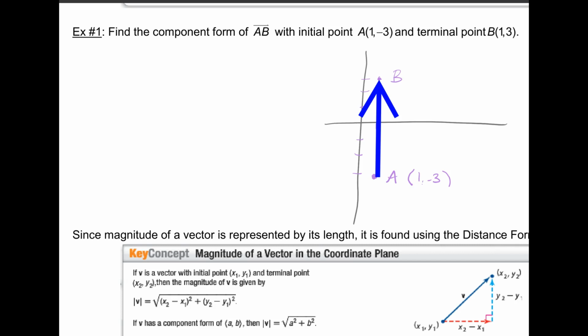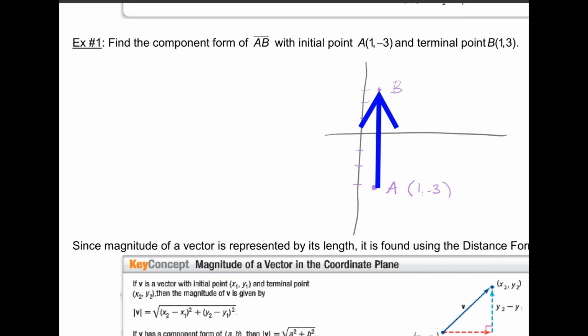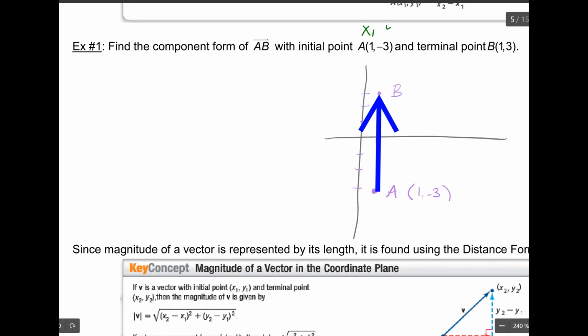So I have this arrow. I want to find the component form. Find the component form of AB with initial point, this is going to be my x1, y1. This is my x2, y2.